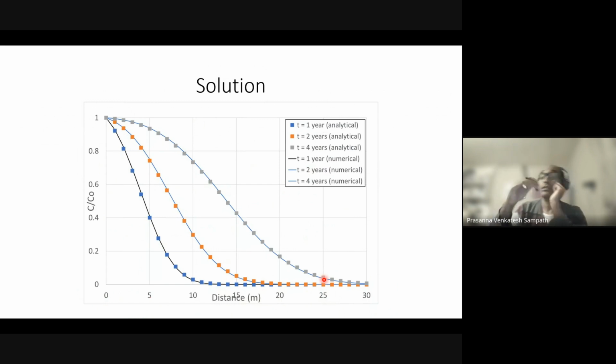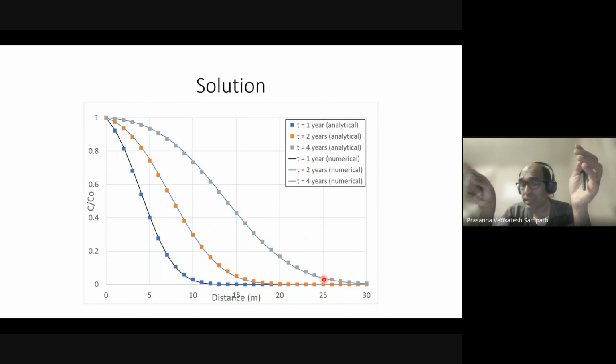a low concentration with respect to the source concentration. The source concentration is 600 mg per liter. Okay, so once you get the numbers from here, you'll have to multiply it by 600 to get the actual concentration, because the y-axis is C divided by C naught, right? It's not the actual concentration, it is the relative concentration, C divided by C naught. That's why it goes from 0 to 1.